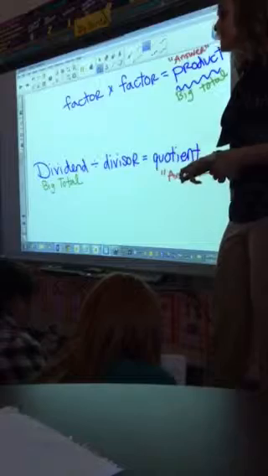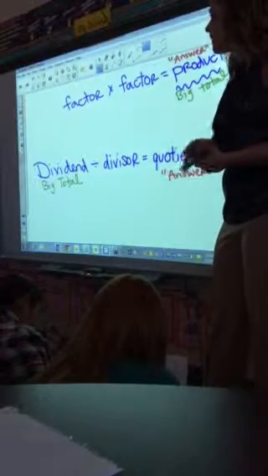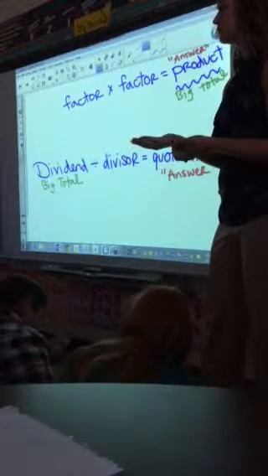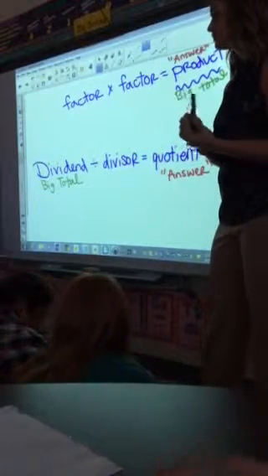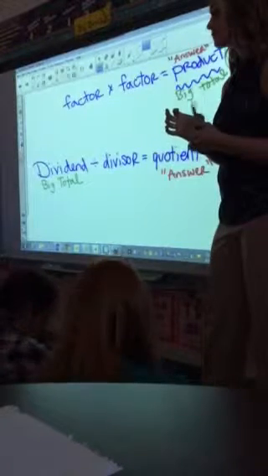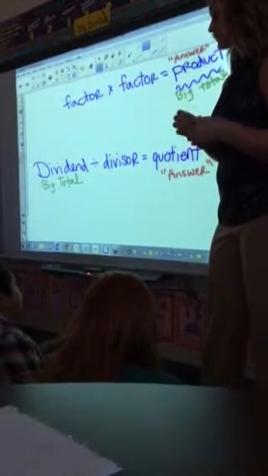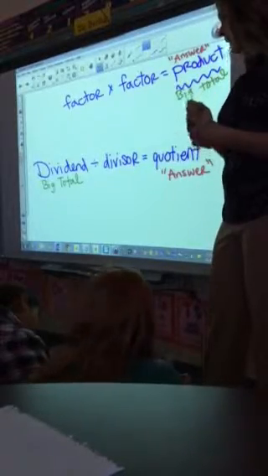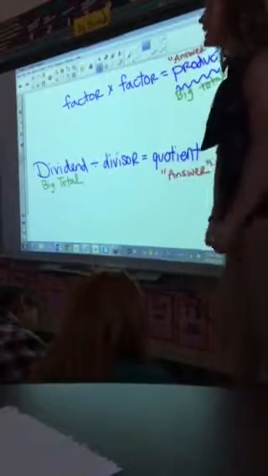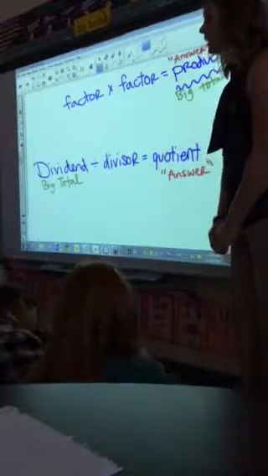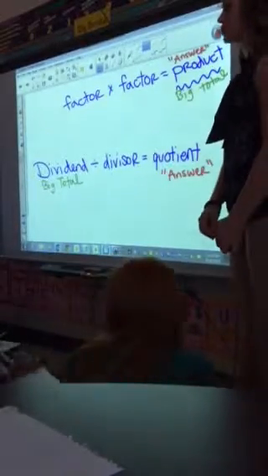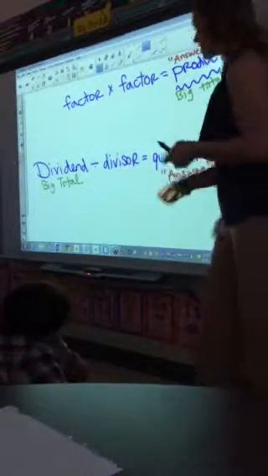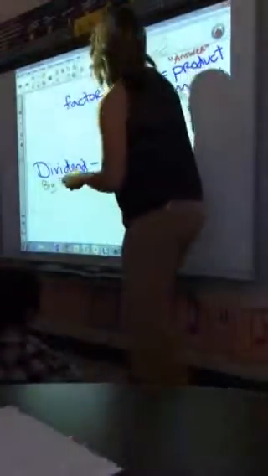But what is it if they're opposite of each other? Division is about splitting and multiplication is about putting them all together. They're like adding and subtraction. They're known as inverse operations. They're opposites.